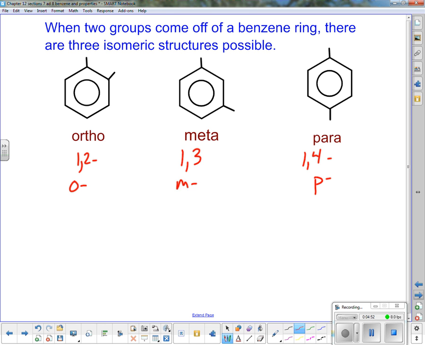Now, if they're not the same thing, if I wouldn't have said 1, 2 dichloro, 1, 2 dimethyl, if I had 2 different things off, I still would say at the beginning O, then list them in alphabetical order. For instance, if I have this with a chlorine up here and a bromine right here, I would list it as O. Bromine comes first, bromo, then chloro, and then benzene.